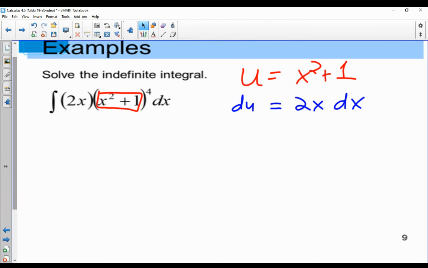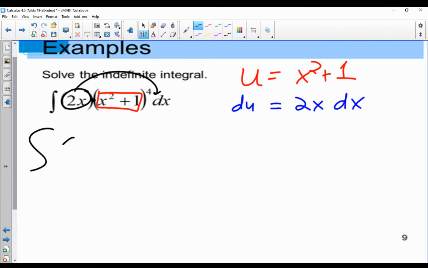Now, some of you might have gotten stumped on the fact that 2x is not where it should be. It should be in the back, but it's in the front. But to be fair, this is multiplication. You don't really need that 2x to be in the front. You can rewrite it so that you can move that 2x right next to the dx, and it will make things easier for you.